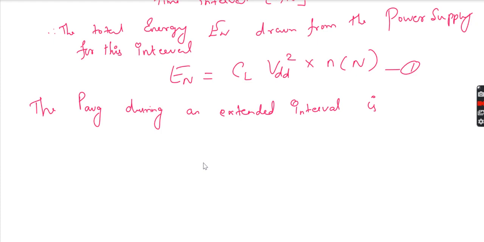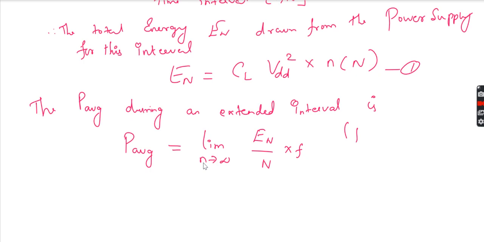That is for a large number of clock cycles, the limit N tends to infinity, En divided by N into f.